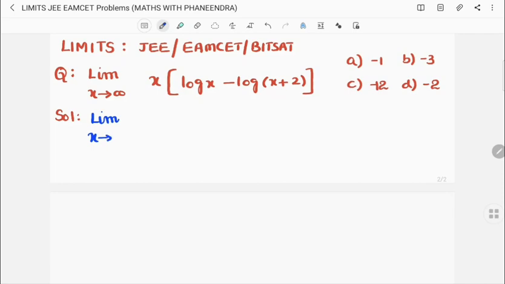Limit x tends to infinity, x into, the bracket value is of the form log a minus log b. Log a minus log b is log a by b, by the formula. So log x divided by x plus 2.